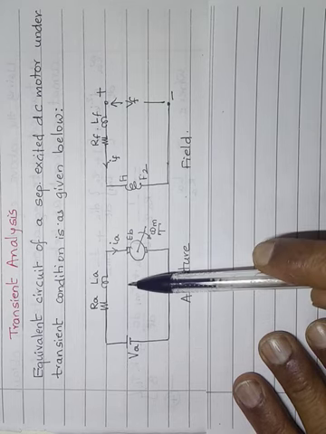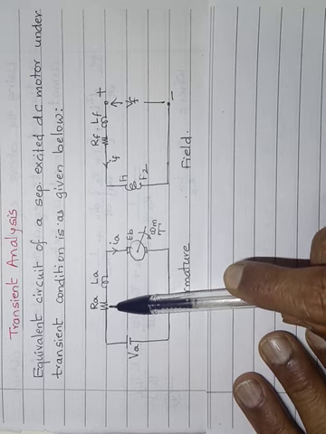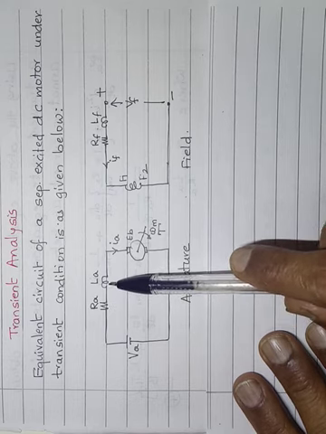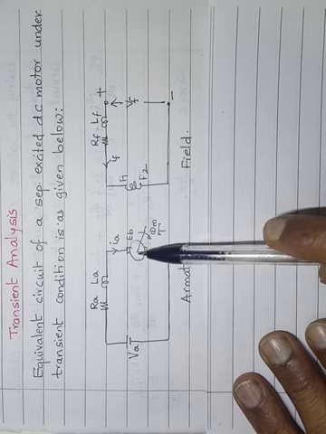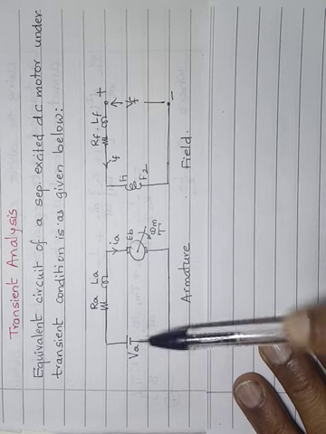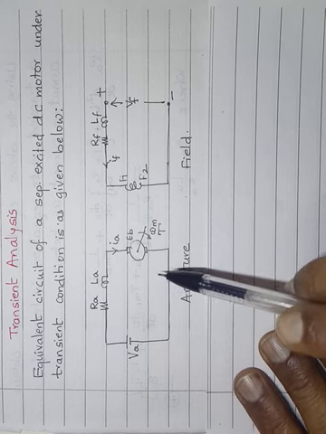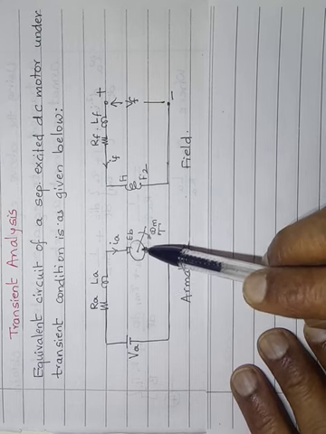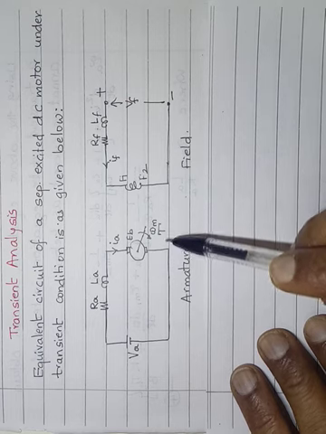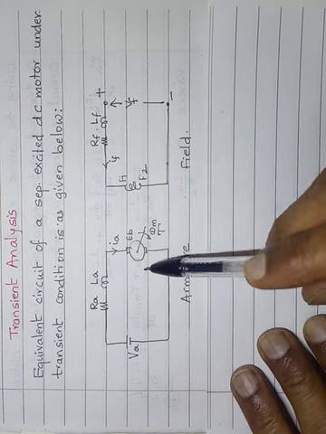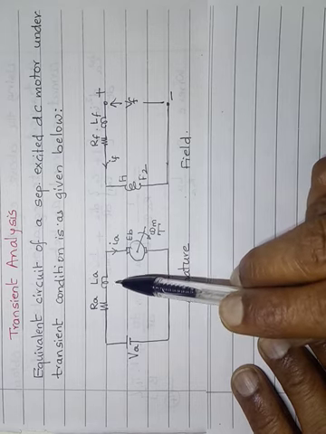And in the armature, we have armature resistance as earlier, but now we are showing LA also, armature inductance also, and as usual EB we are having. These being the electrical parameters, we have the mechanical parameters, the armature running at a speed omega m with a torque T. This is the equivalent circuit of the armature. What is to be noted is the presence of LA now.